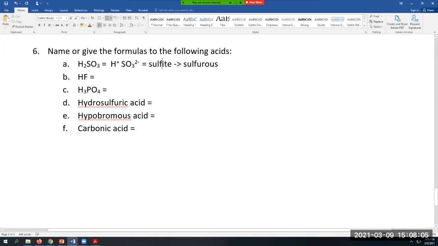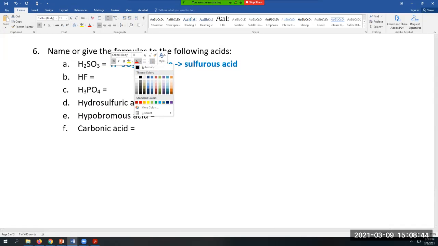If it was nitrite, for example, you would say nitrous. But for sulfur, from sulf you need to go back to sulfur and then add the -ous. So sulfurous will be the name, and then you just add acid. Acid refers to the H plus. So that's it. For an oxyacid ending in -ite, you change the ending of the polyatomic ion name to -ous and then add acid. So that's the name of this first one, sulfurous acid.